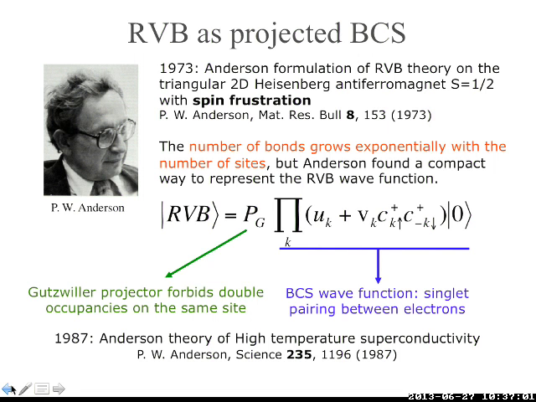The very nice proposal was that in order to represent an insulator in which only the spin degrees of freedom are relevant, we start from a BCS wave function, in which you couple particles with opposite spin and opposite momentum. The important point is that this wave function is superconducting, nothing to do with an insulator, the opposite.